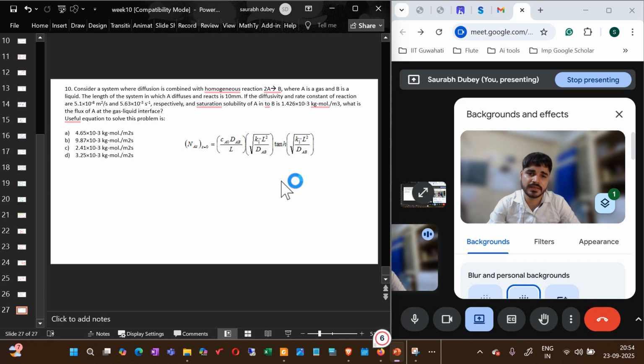If the diffusivity and the rate constant of reaction are 5.1 into 10 to the power minus 8 and 5.63 into 10 to the power minus 3 respectively, and the saturation solubility of A in B is 1.426 into 10 to the power minus 3, right?